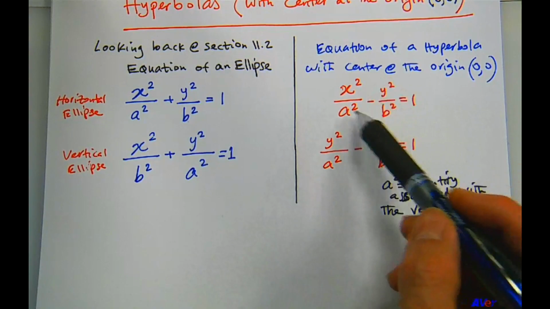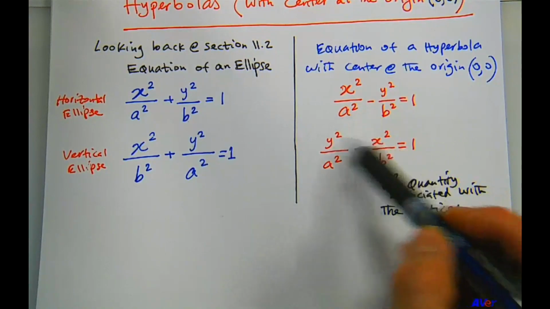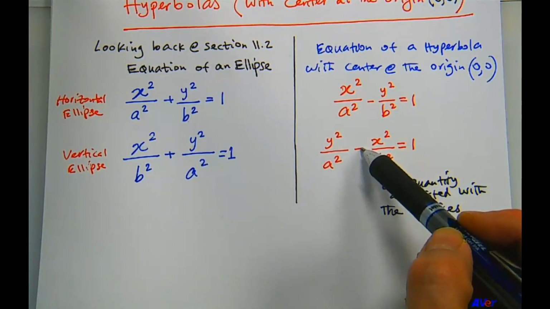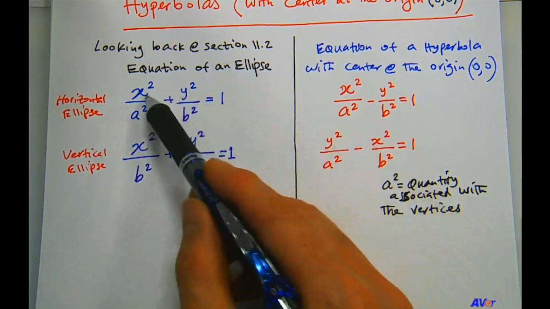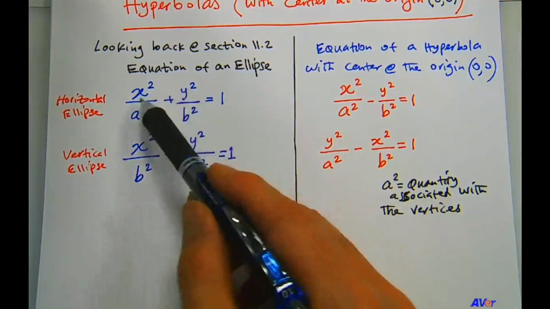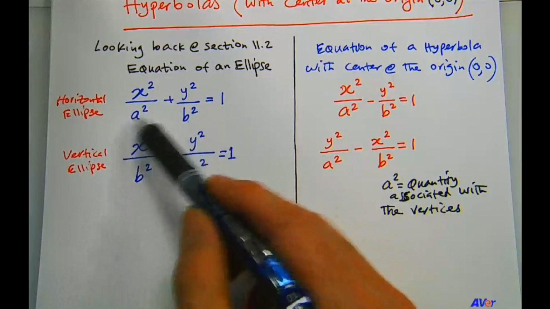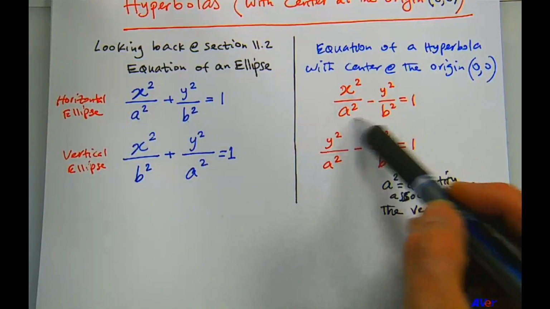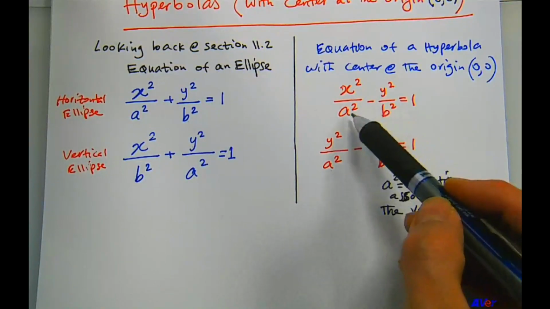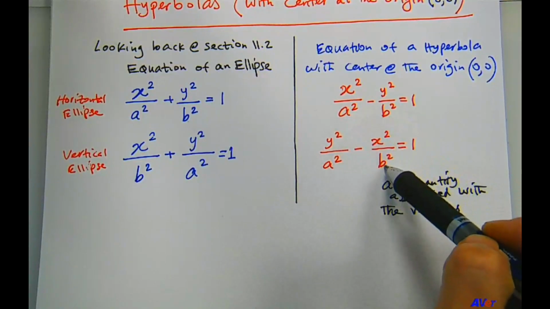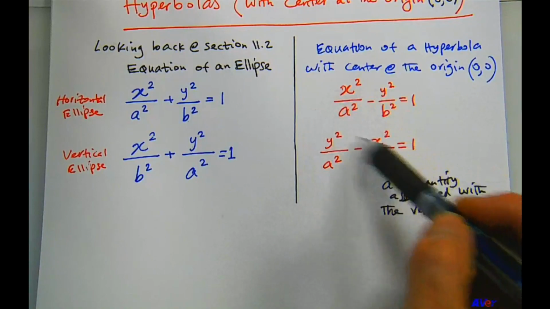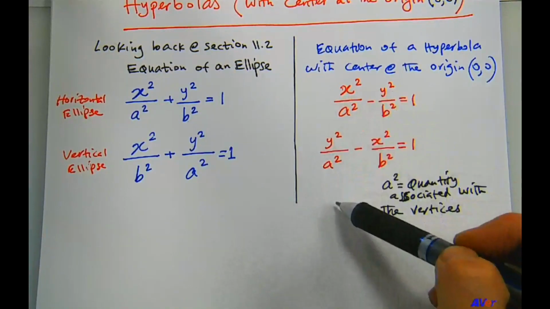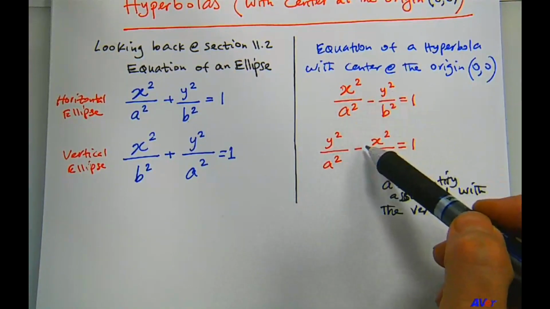But in the hyperbola, it's the numerators that swap. In the ellipse equation, the numerators were fixed. It was the denominators that swapped spots. But in the hyperbola, it's the denominators that are fixed: A squared, B squared. But it's the numerators that swap spots between one form and the other.